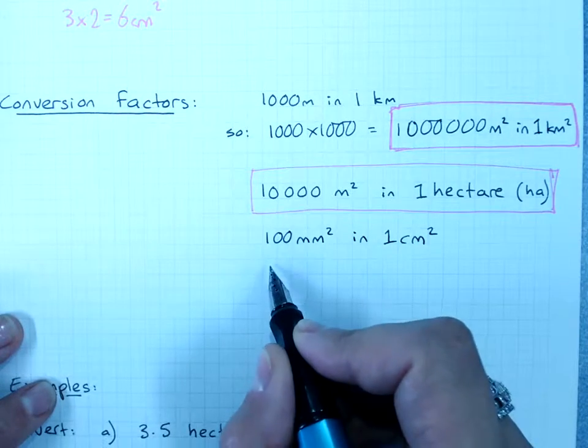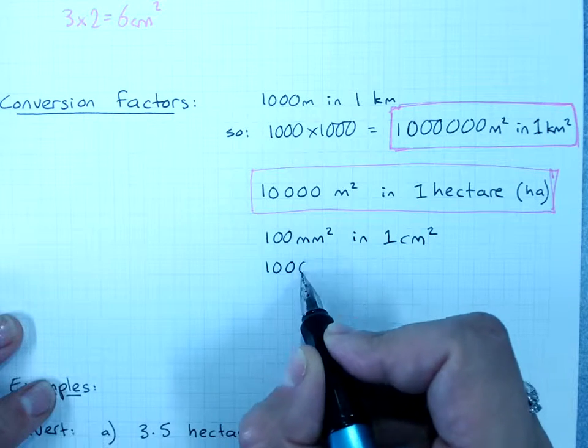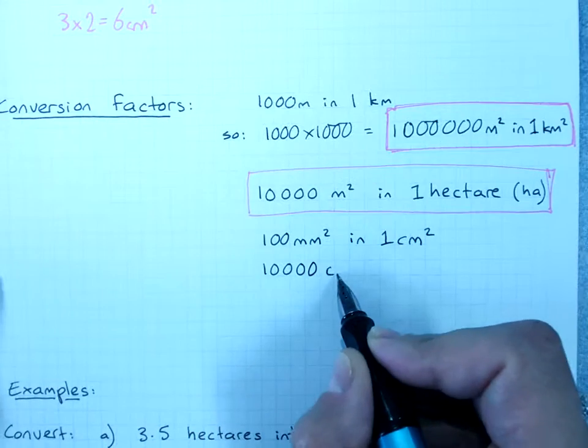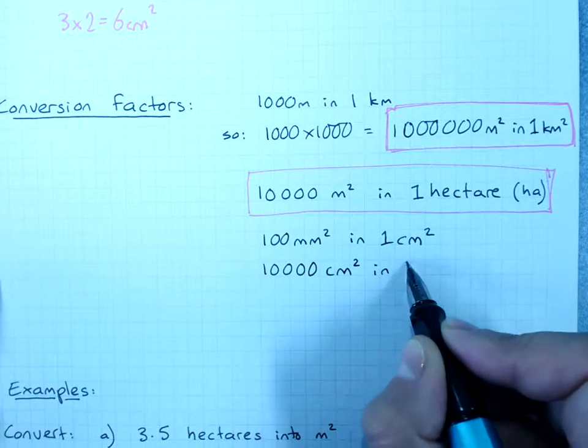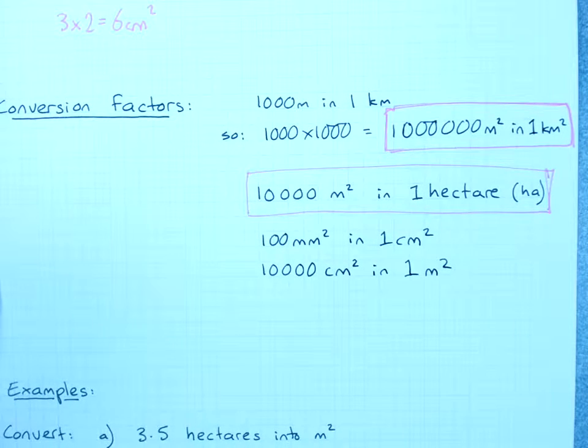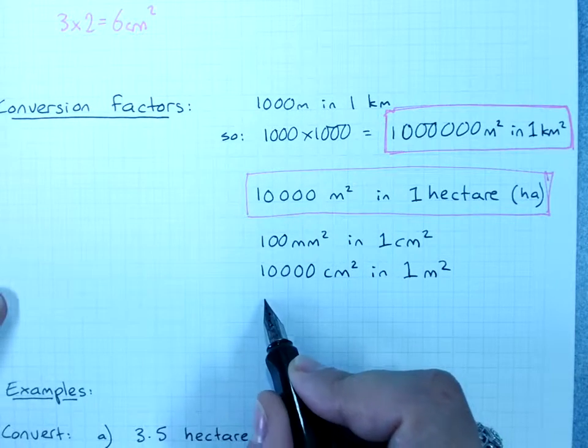There's 10,000 centimeters squared in 1 meter squared, and I'm not sure if you need millimeters to meters. Let's just pop it in anyway.